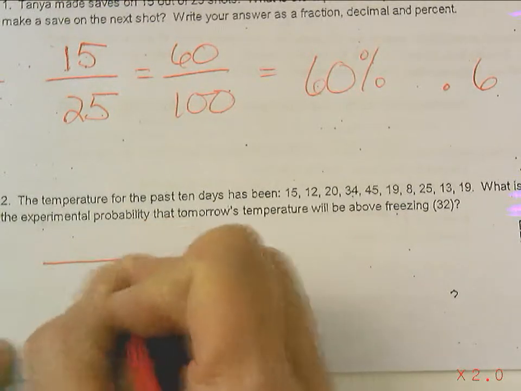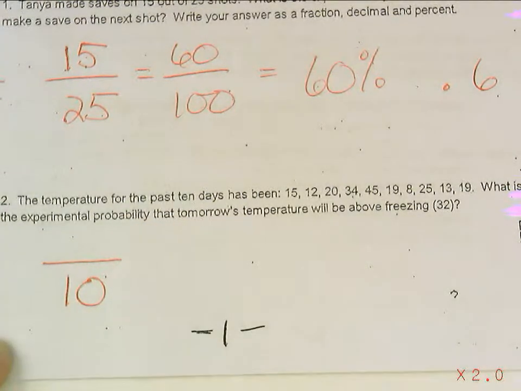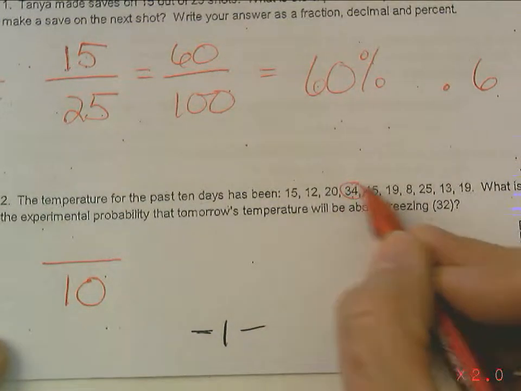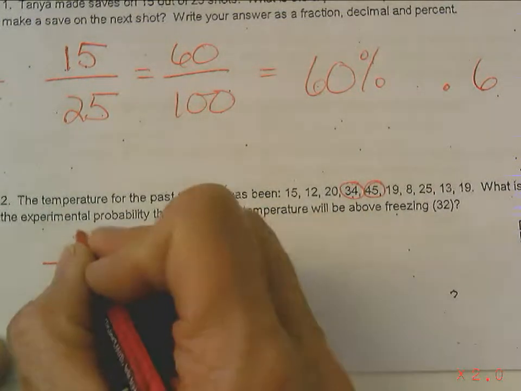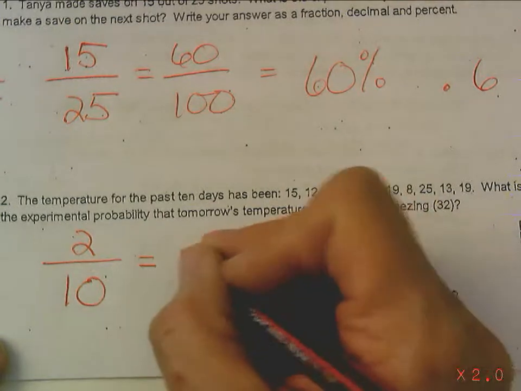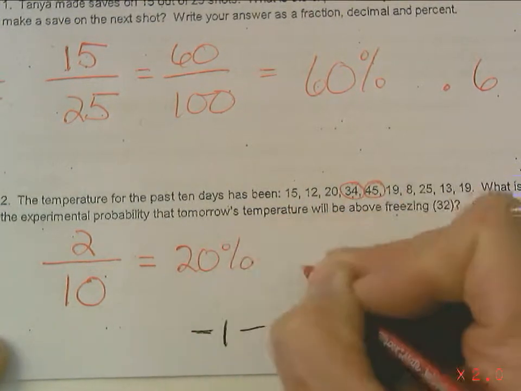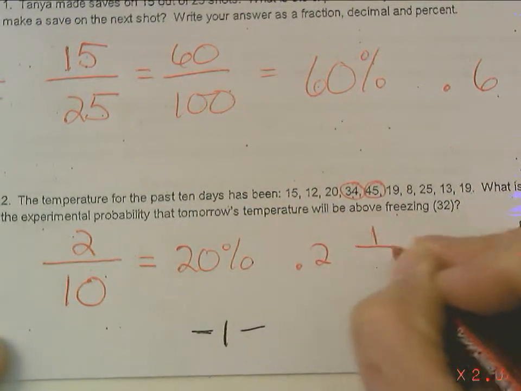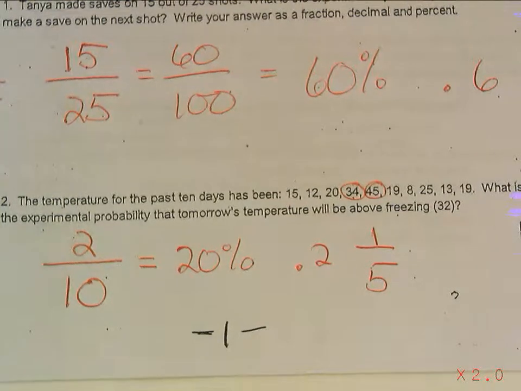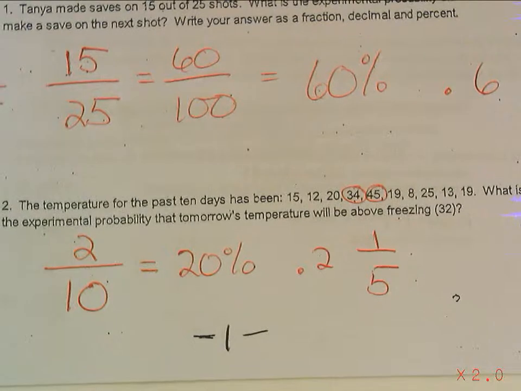So they're basically saying out of these 10 temperatures, how many are above 32? Well, 34 is and 45 is. So 2 out of 10 are above freezing. So that's a probability of 20%, or 0.2, or 1/5. Okay? Now go ahead and turn the page and try the next one on your own.